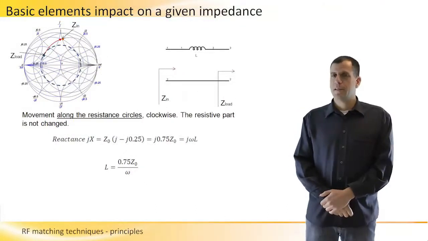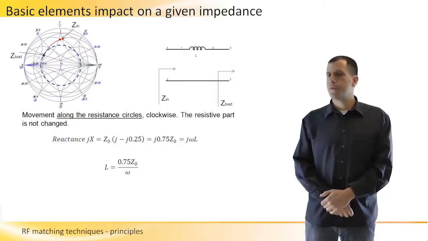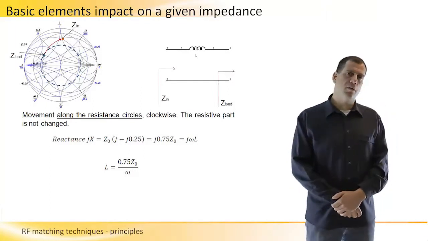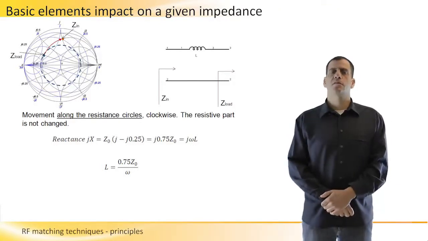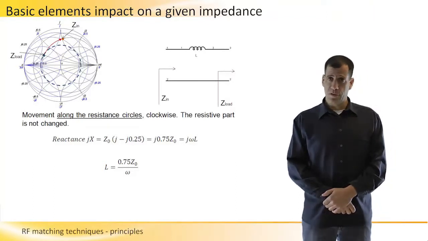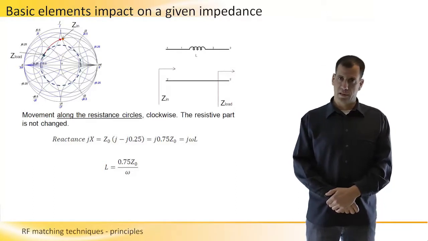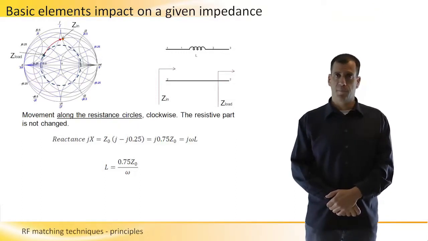Well, up until now we have discussed cases where the components are in parallel to the load. When we did that, it was more convenient for us to discuss the susceptance and the conductance, because for components in parallel, it's much easier to view the admittance rather than the impedance.